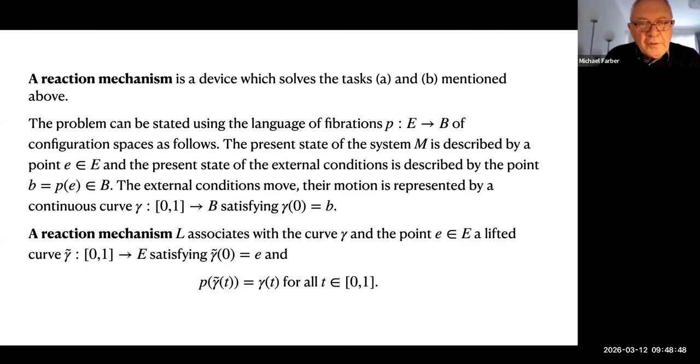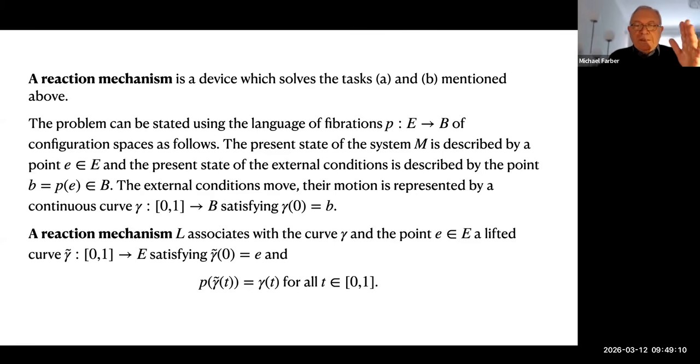So a reaction mechanism is the following thing. We have this fibration of configuration spaces, denoted here P from E to B. It is a family of configuration spaces parametrized by the external conditions.